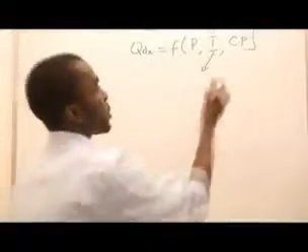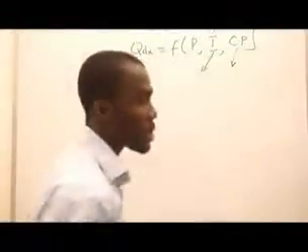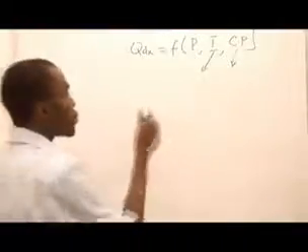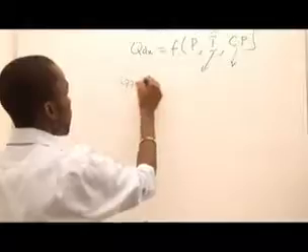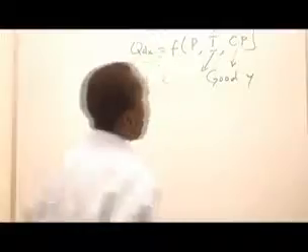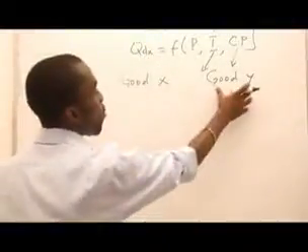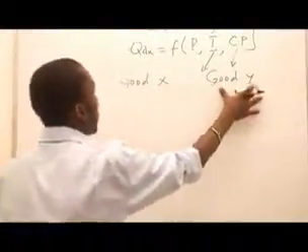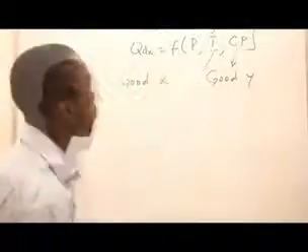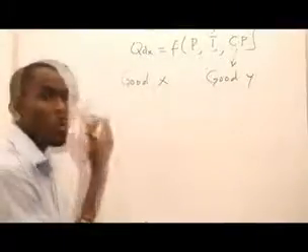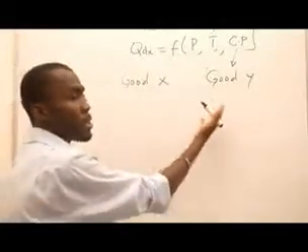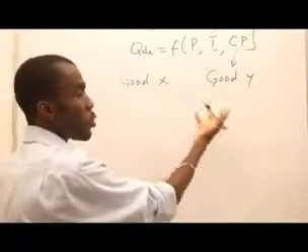Let's take the last part, which is the cross price elasticity of demand. And here we are dealing with two different goods. We have good X and then good Y. And what we want to know is how the price of good Y impacts the quantity demanded of X. So for the cross price elasticity, what we are interested in is identifying the relationship that exists between the two goods.